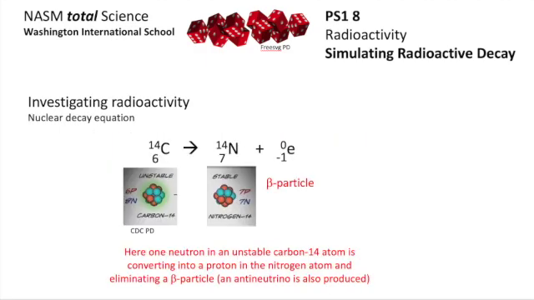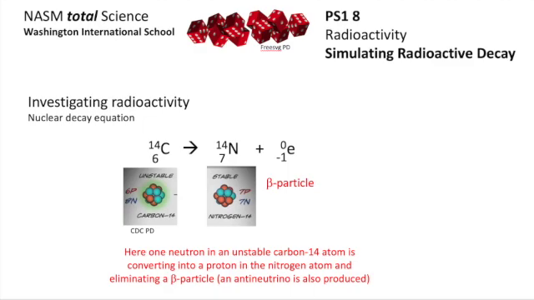And looking more closely, we've got the nucleus of the carbon-14 atom, which has 6 protons and 8 neutrons. And it's by radioactive decay turning into a stable nitrogen-14 isotope with 7 protons and 7 neutrons.